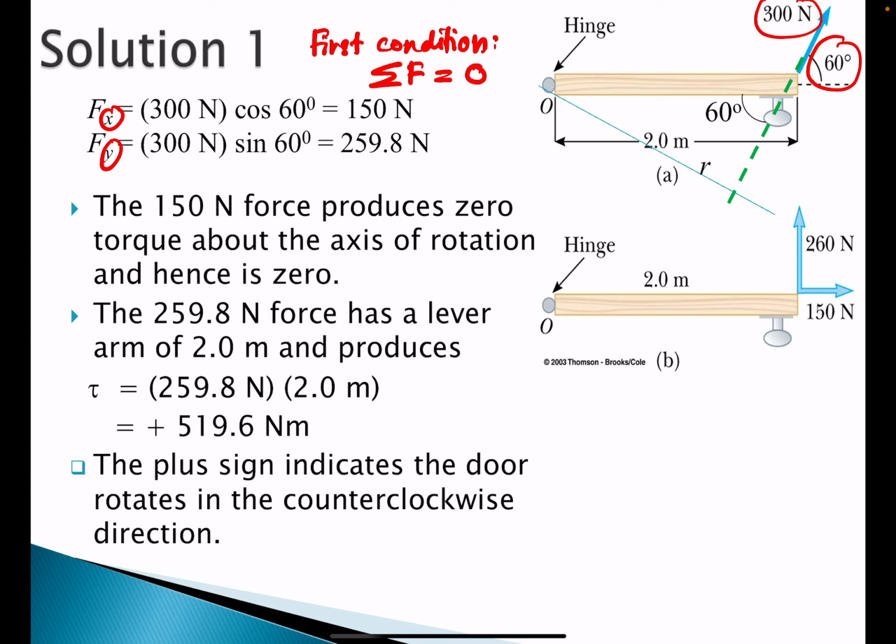So for the x component, this part, you will get 300 Newton cos 60 degrees, and you will get 150 Newton. And then for the y component, this one, you will get 300 Newton times sine 60, and you will get around 259.8 Newton.